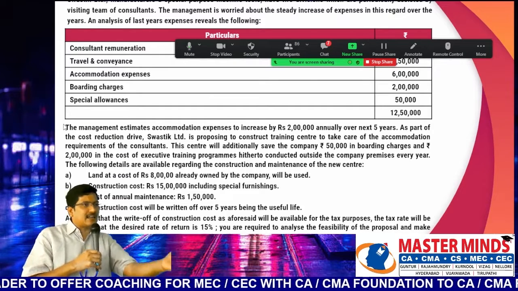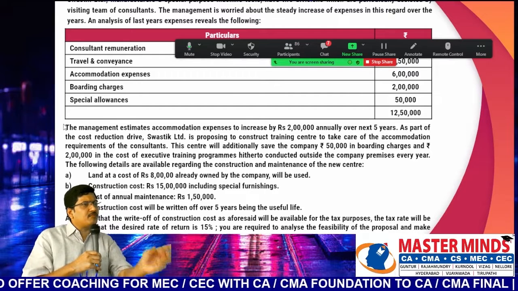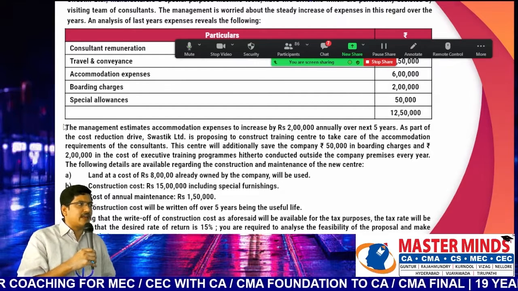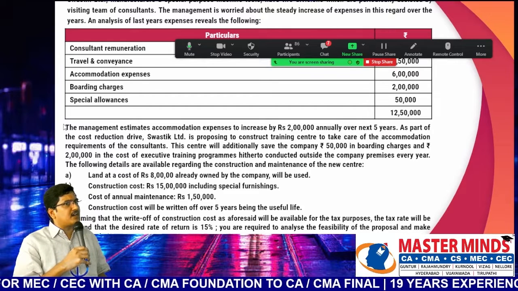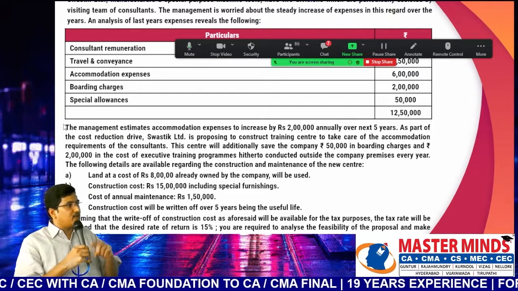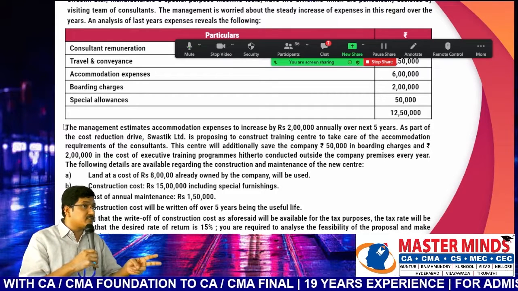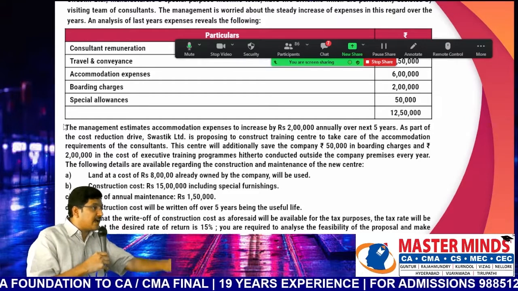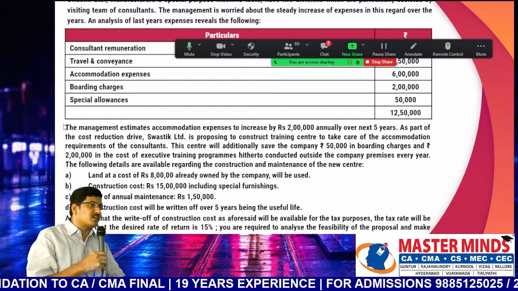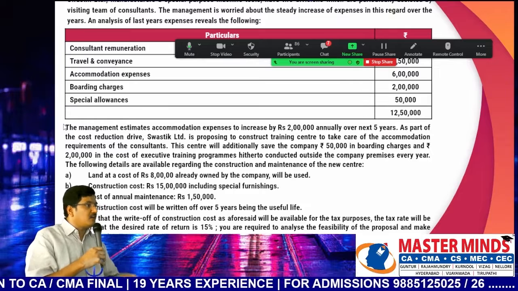If we don't construct this building, how much will be the boarding charges? 2 lakhs. If I construct this building, how much will be the boarding charges? 1.5 lakhs. How much is the difference? We need to consider only that 50,000, not the entire amount. And this approach of decision making is called the incremental approach.